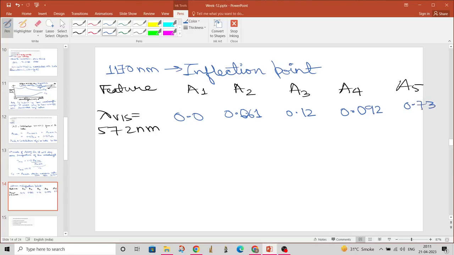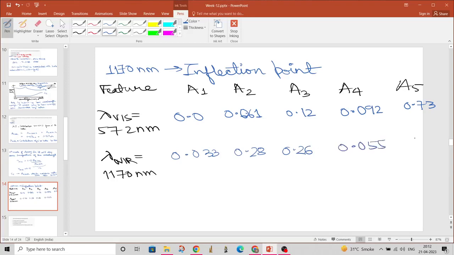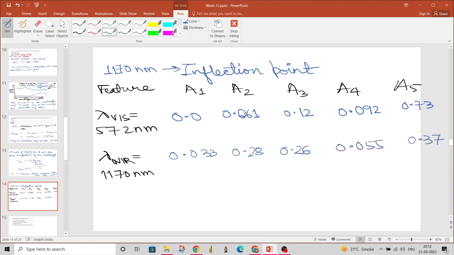Now for the absorption in the NIR region, 1170 nanometers, which is our inflection point. Here the components are 0.033, 0.28, 0.26, 0.055, 0.37.